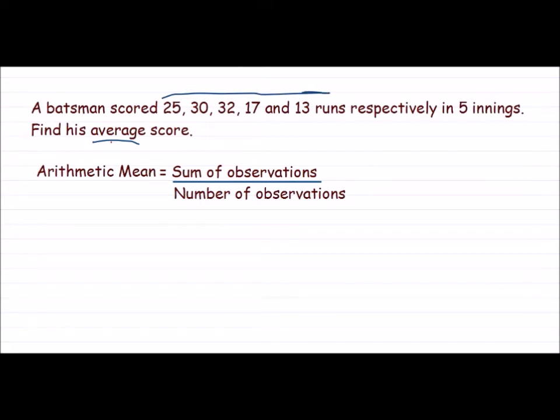Now here, let us add these numbers, these observations. 25 plus 30 plus 32 plus 17 plus 13, and all this is to be divided by 5.